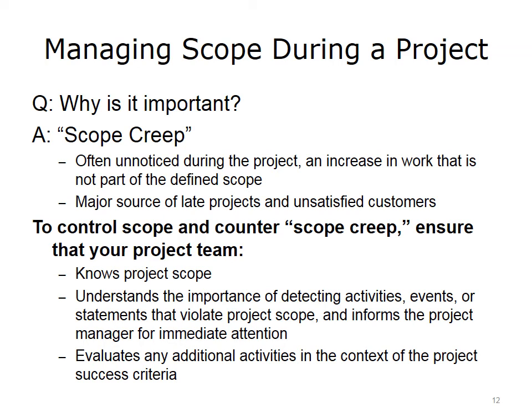One way of controlling scope creep is to get your team engaged in helping you. You must remain diligent throughout your project to ensure your team works only on activities that are defined within the scope statement. Make sure your team really understands the scope of your project so they can be on the lookout for activities and events that may violate the intended and defined project scope.